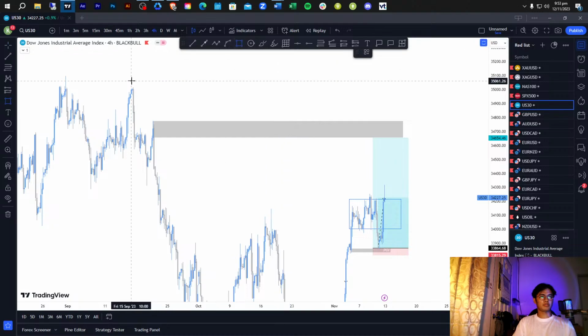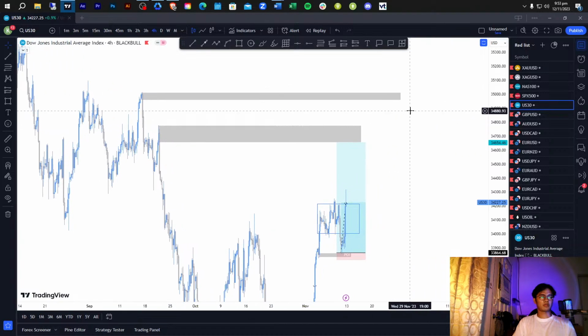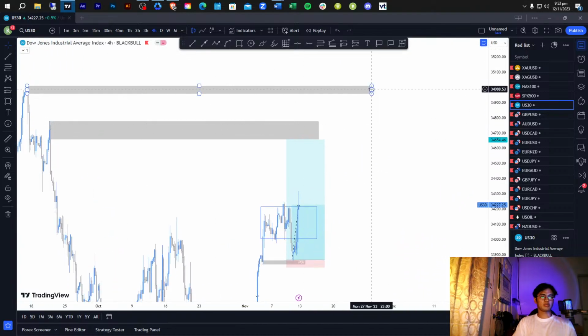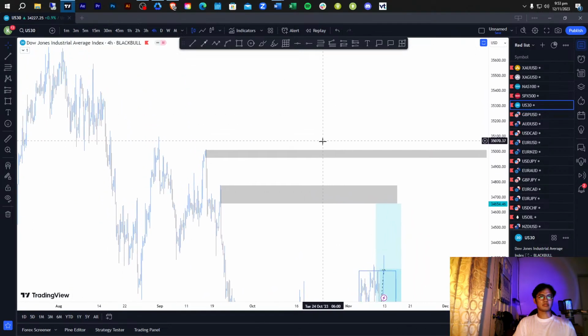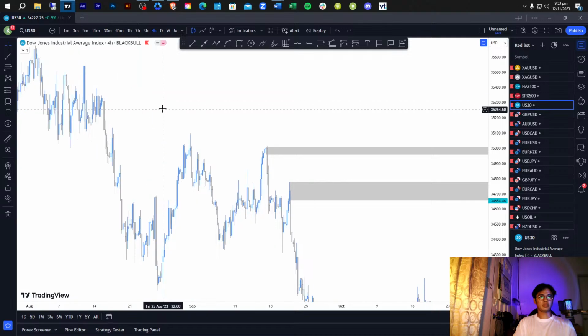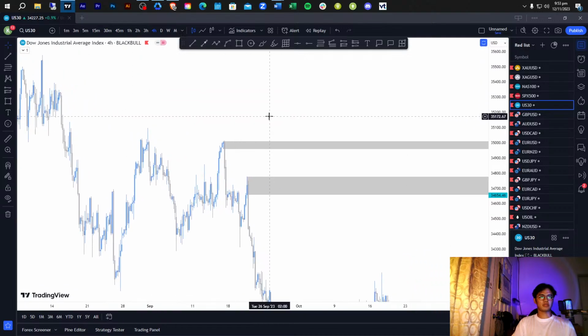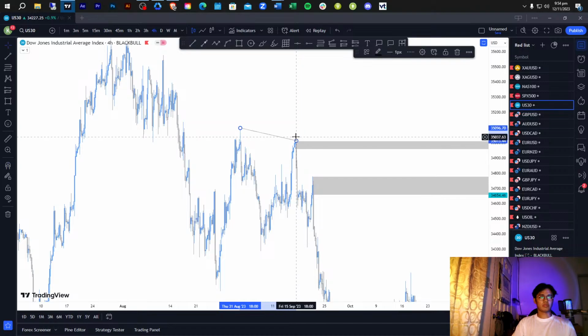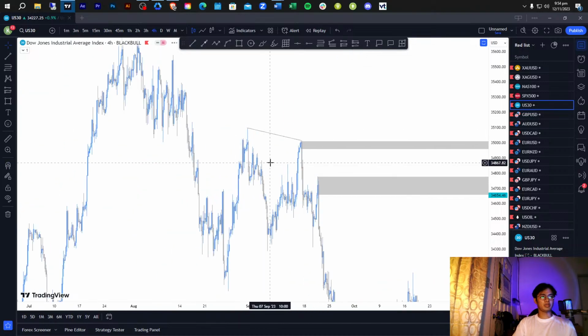And on distribution phase, we can see the price create a spring or a last upward movement just to mitigate this area, or maybe this area, because this area can also be a liquidity.